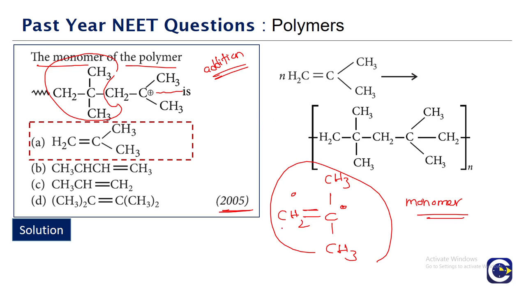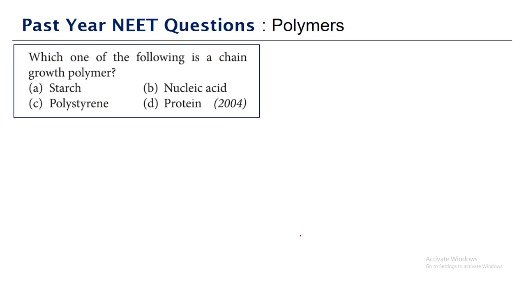So what is the answer for this? It is option A. We just have to take out the repeating unit and account for the valency deficiency by creating the additional bonds. Thereby you can see, in the monomer, we'll have the unsaturation. So that is the method to answer these kind of questions.